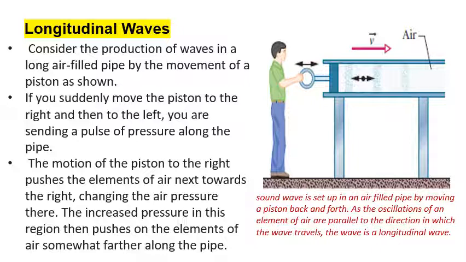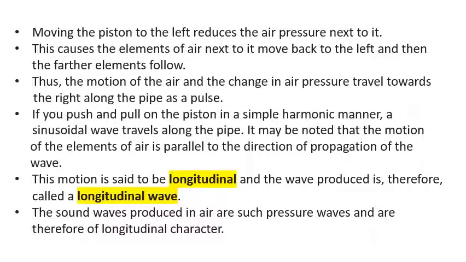The motion of the piston to the right pushes the elements of air next to it towards the right, changing the air pressure there. The increased pressure in this region then pushes on the elements of air somewhat farther along the pipe. Moving the piston to the left reduces the air pressure next to it.